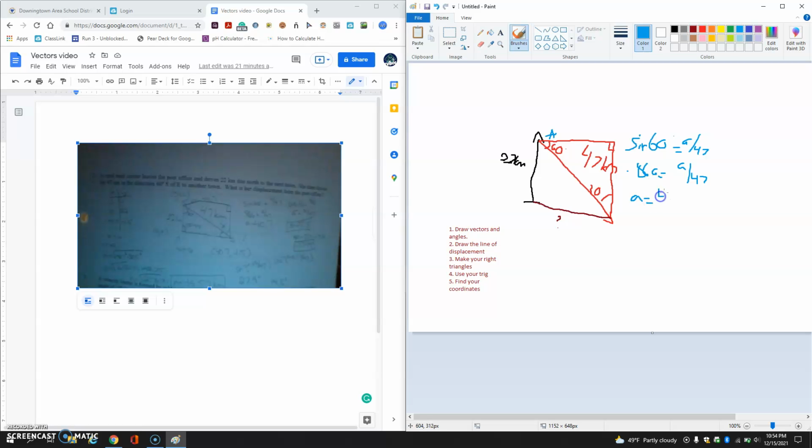And that equals 40.7. Yeah, so this side right here is 40.7. Yep, that's correct.